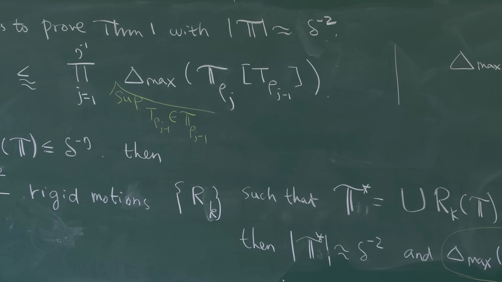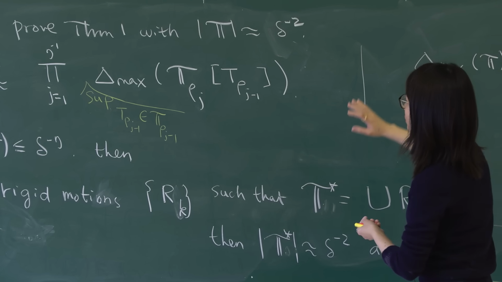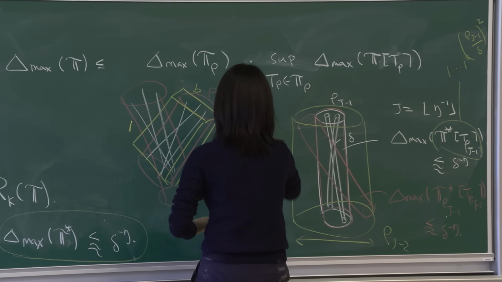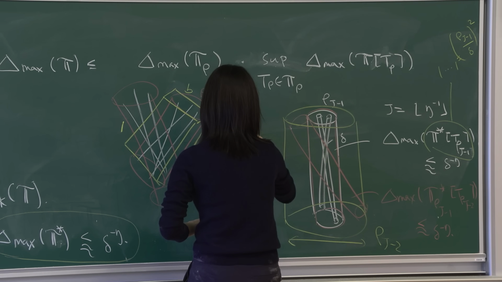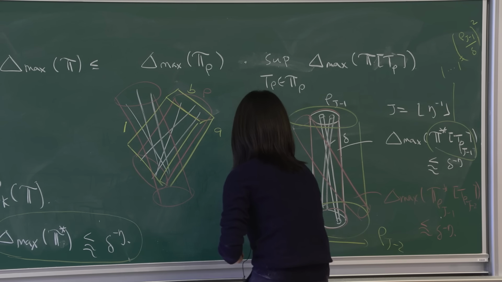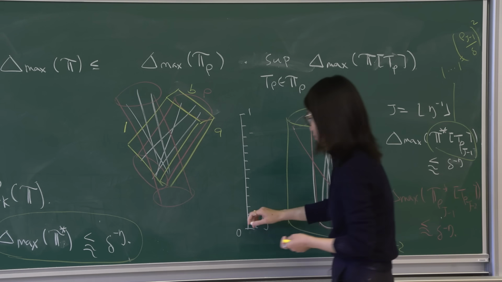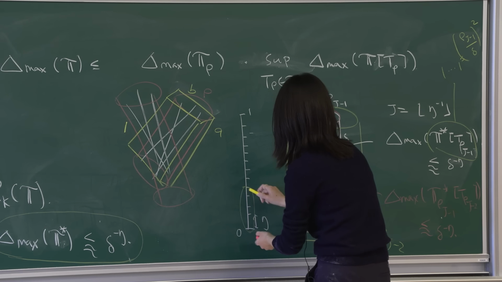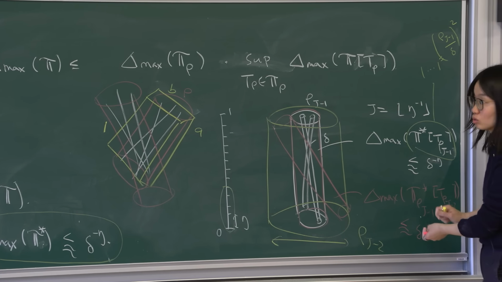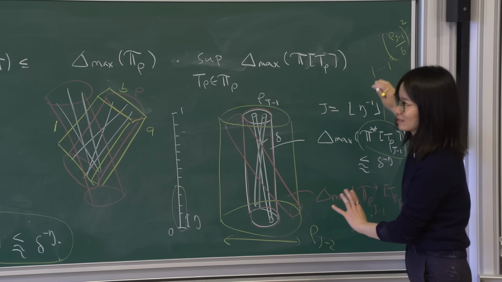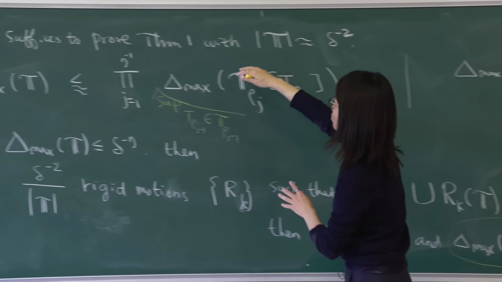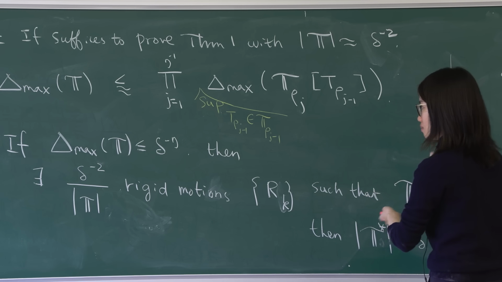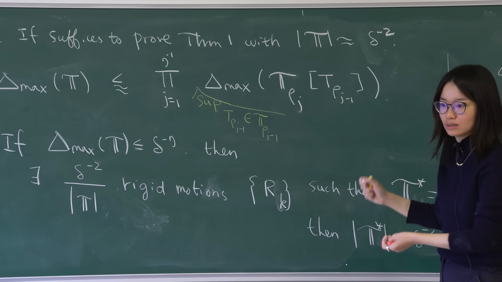The trick is that previously we decomposed our scales into eta spacing, but here we could take a larger spacing, and then we don't multiply that many etas, so this is still true. I hope that explains how to reduce the proof of theorem 1 to this special case that the number of tubes is roughly delta to the minus 2. It's just some randomizing argument.